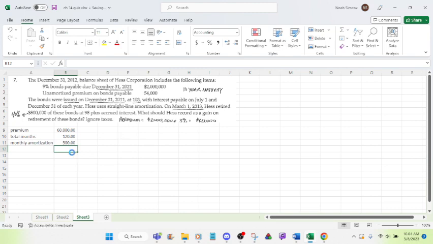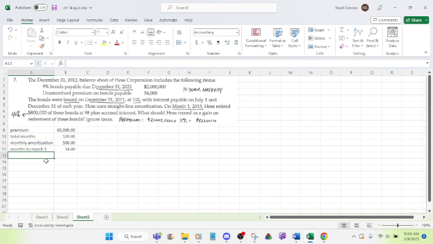So total months to March 1st. How many months is it to March 1st? They're issued there, so that's 12 plus 2, which is 14 months.